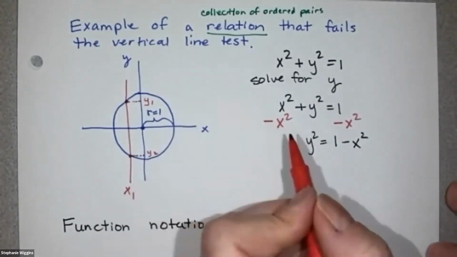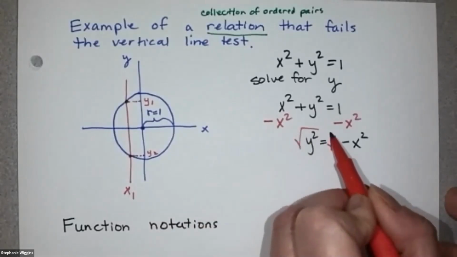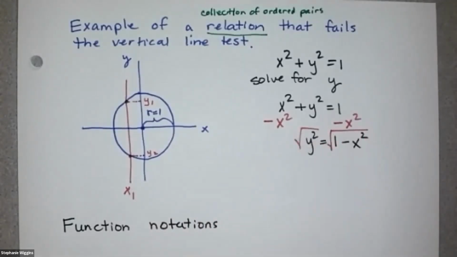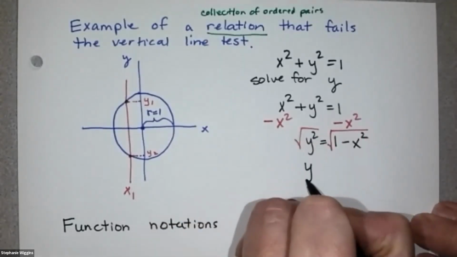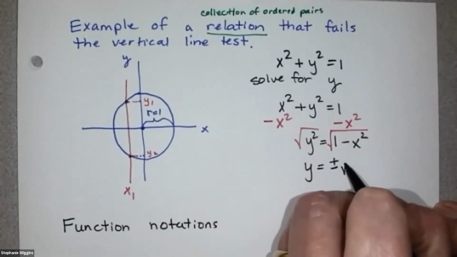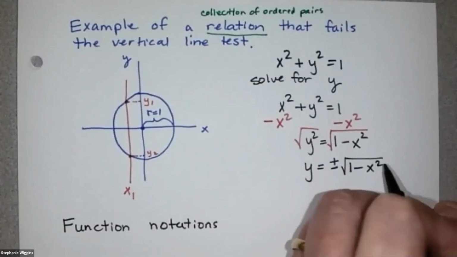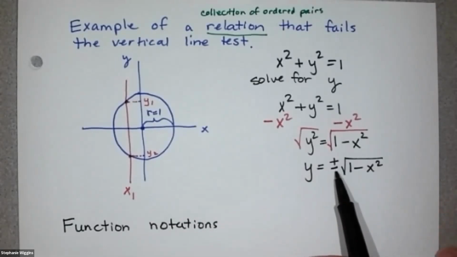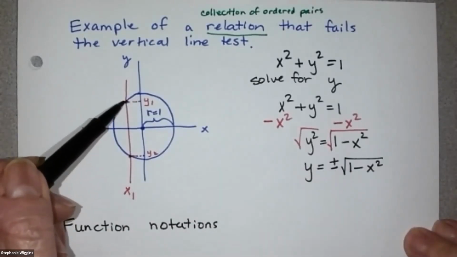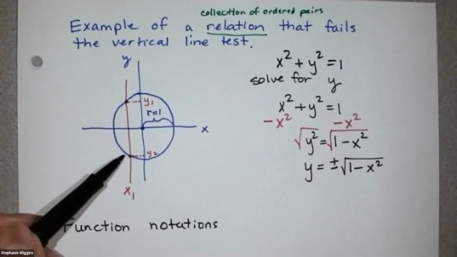And then to isolate the y, I take the square root of both sides. But when you take the square root like that, what you get is that y could be plus or minus the square root of 1 minus x squared. That's where your two y values come in. You've got a positive and a negative. So here, this is the positive and this is the negative counterpart.